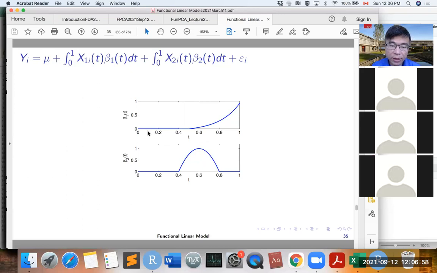The true beta_1(t) is 0 from 0 to 0.5. The true beta_2(t) is 0 between 0 and 0.4 and between 0.8 and 1. Now we will use our SLoS estimator to estimate beta_1(t) and beta_2(t).